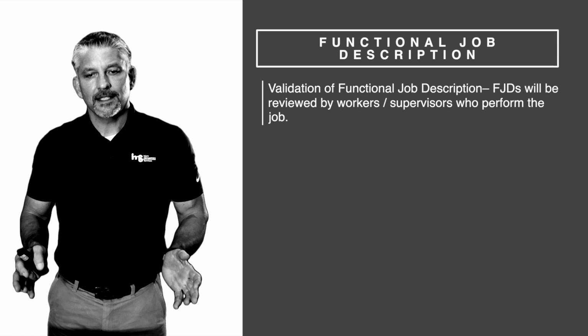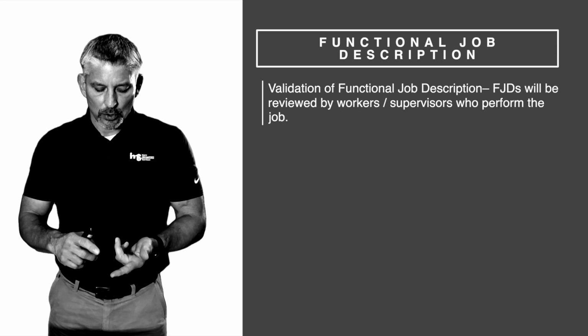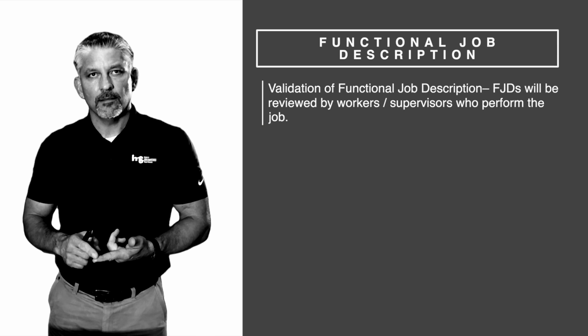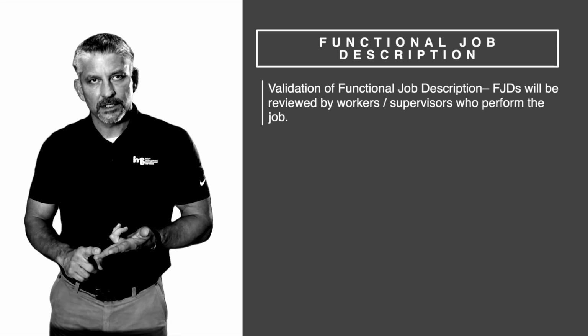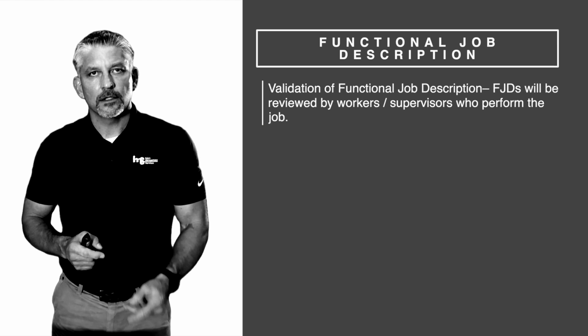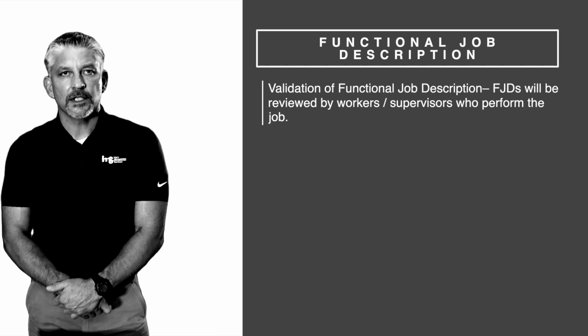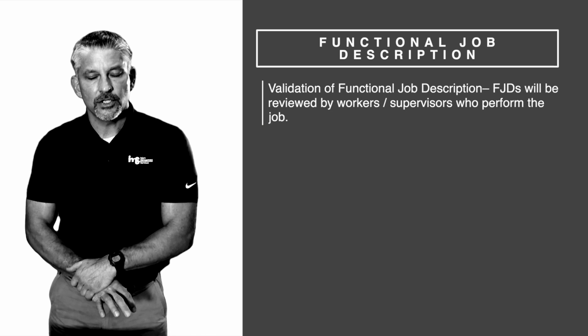Once you collect the data and put it together, you want the incumbent workers to review it, to make sure that your terminology is accurate, the frequency of lifts is accurate, the weights are accurate, and then you have the supervisors and management review it for any changes.